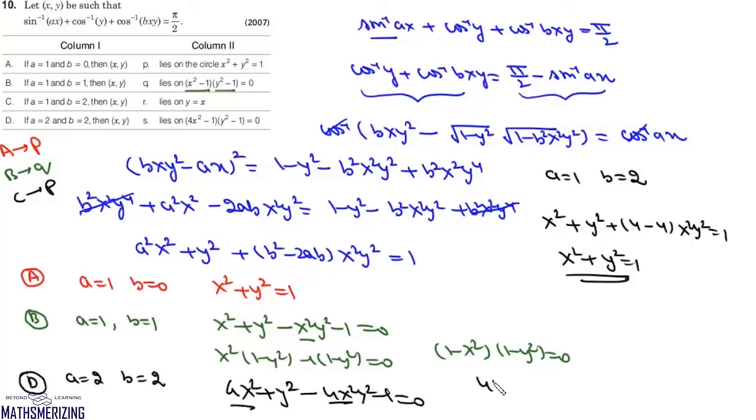So it will be 4x square into 1 minus y square and then minus 1 into 1 minus y square equals 0. So we'll get 4x square minus 1 into 1 minus y square equals 0. And that's your option S. So this D matches with S. So the answer to this question is PQPS.